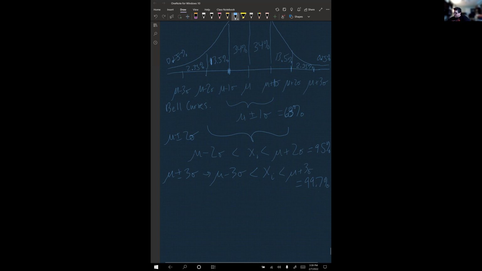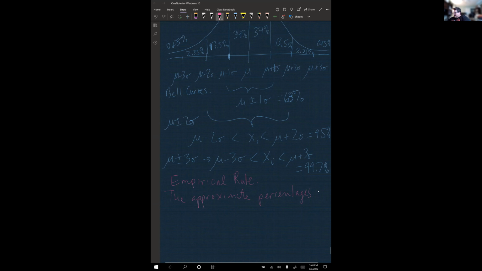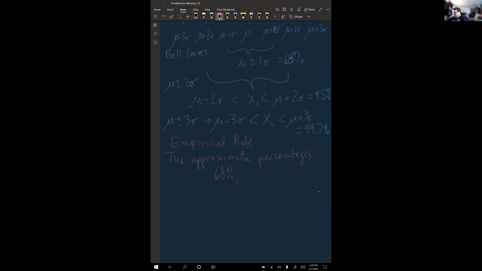So this is called the empirical rule. The approximate percentages are: 68% within 1 deviation, 95% within 2 deviations, 99.7% within 3 deviations.